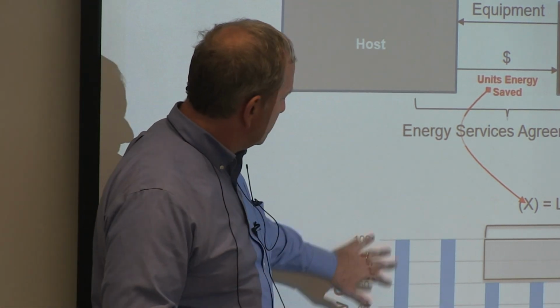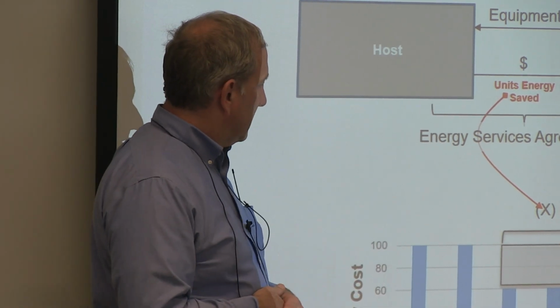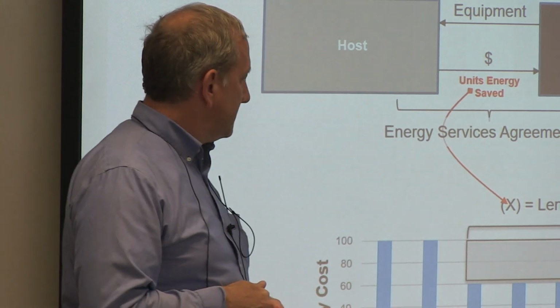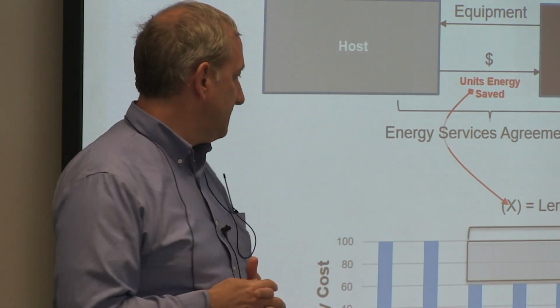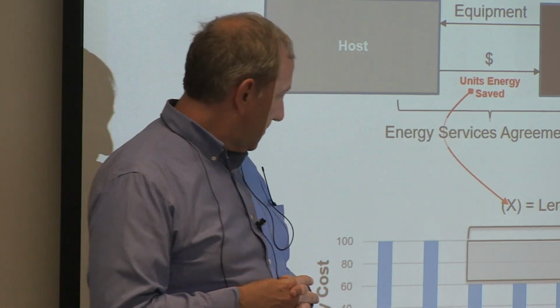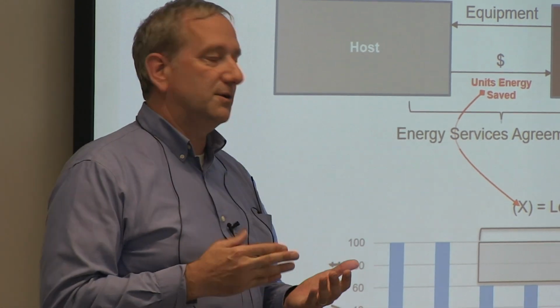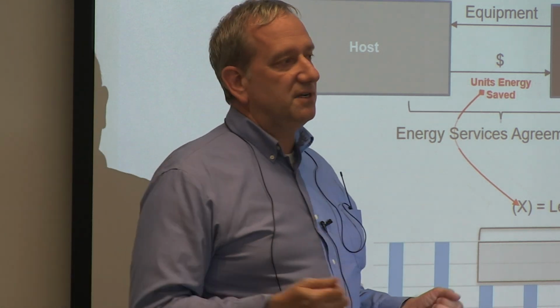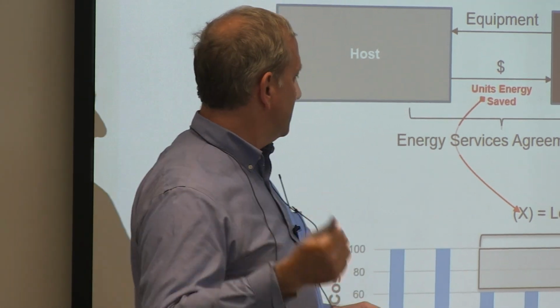And so here you are, $100 a month. Enter the ESA, and the ESA says, okay, I'm going to save you 40 units of energy a month. So in 2018, every month you're spending $60. You're using 60 units of energy, and you're paying $60 to the utility.